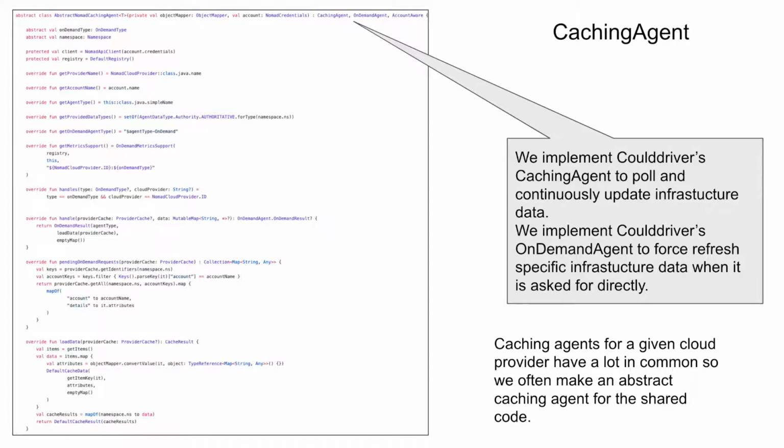An on-demand agent will let you force refresh specific data in certain circumstances. A lot of times, caching agents have a lot of similar behavior given a certain cloud provider. So it's common to have an abstract version of this that's implemented across a cloud provider, and we're about to look at the jobs caching agent specifically in the next slide.